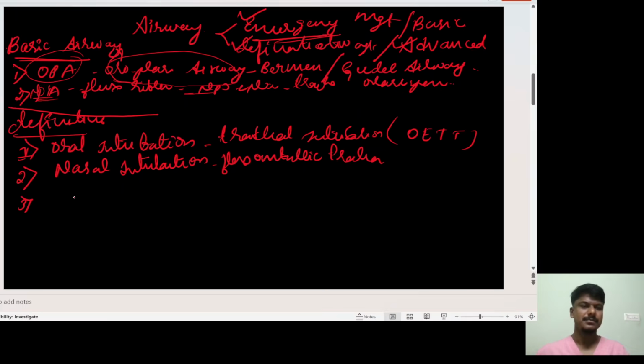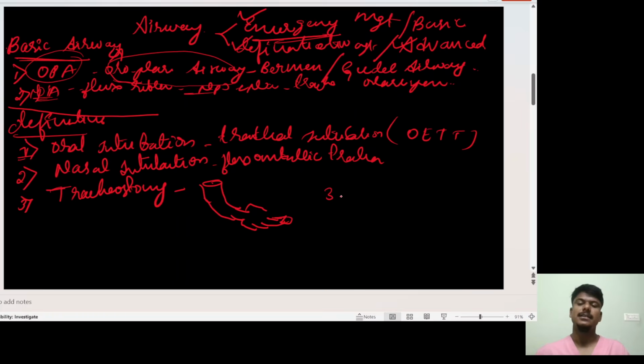Coming to the next point, if your upper airway is completely distorted or damaged, such as carcinoma larynx, carcinoma pharynx, bigger adenoids, carcinoma buccal mucosa, or carcinoma lateral border of tongue, you tracheostomize the patient. Tracheostomy: a small tracheostomy tube, some covered and some non-covered, is placed inside the trachea.